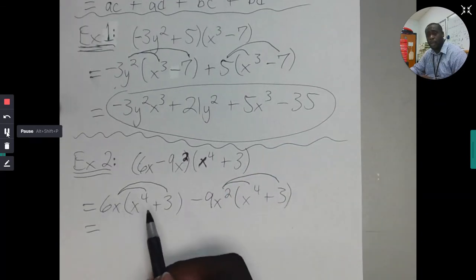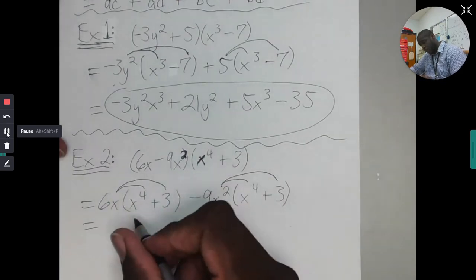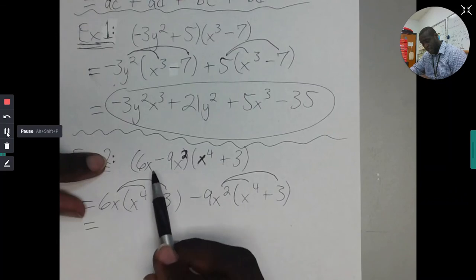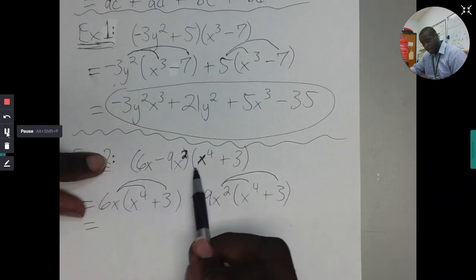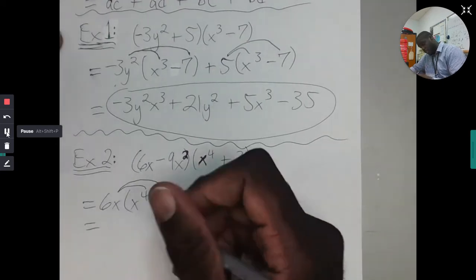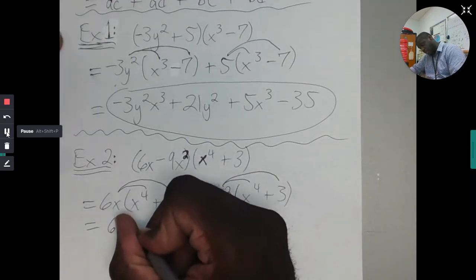So when we do this, 6x times x to the 4th, and this part here is the same thing as the first when we were doing the FOIL method. So multiplying the two first terms, 6x times x to the 4th, it gives you 6x to the 5th power.